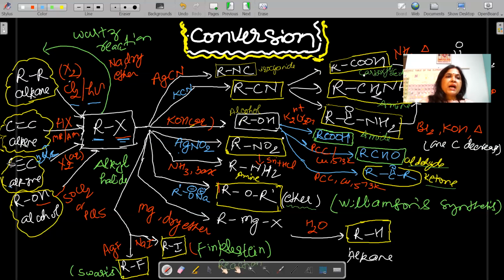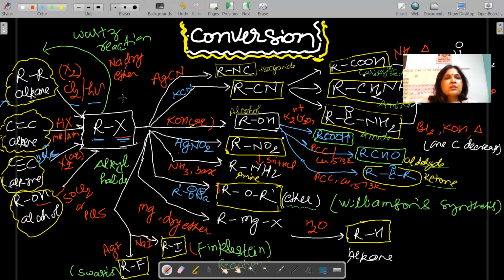But from alkyne to alkane, you can directly reduce with hydrogen and palladium catalyst. Now suppose the starting compound is alcohol and you have to obtain alkyl halide. What will you add? Alcohol to alkyl halide, very easy. You have to add any halogenating agent, either SOCl2, PCl5 or PCl3, or you can add any HX also.